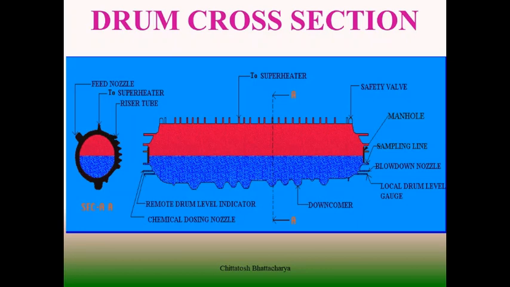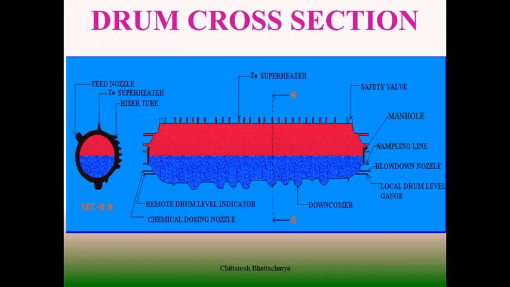Then we have downcomers at the bottom of the drum which take the water separated from the water-steam mixture coming from the water walls, and this water passes through the downcomers.